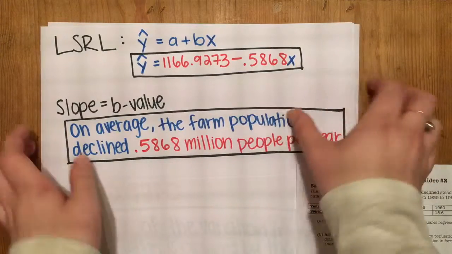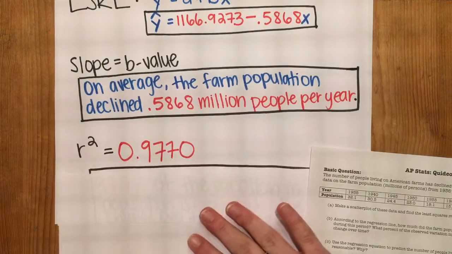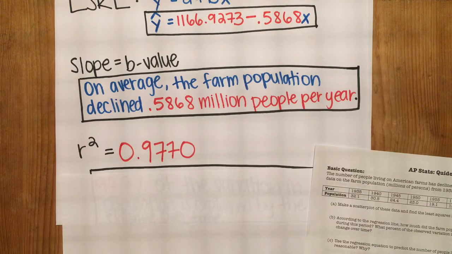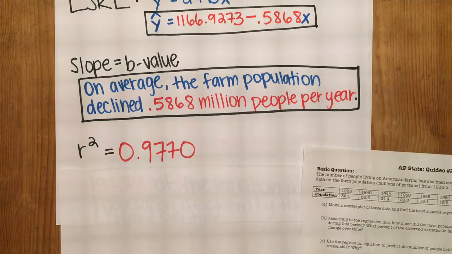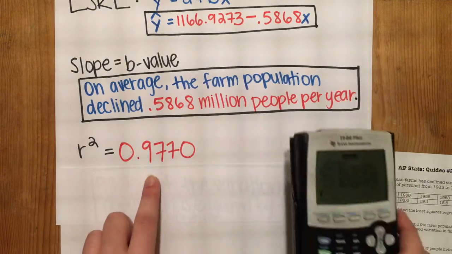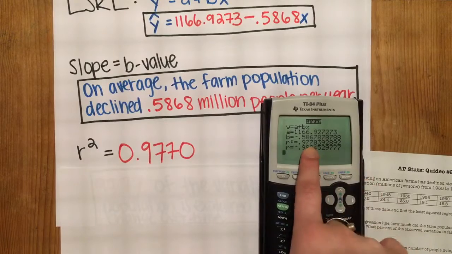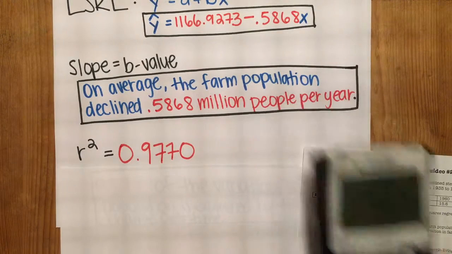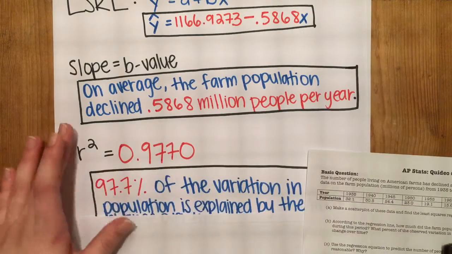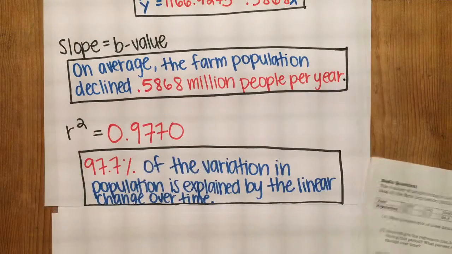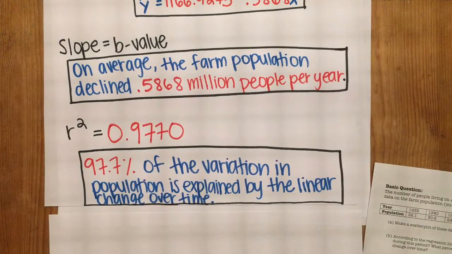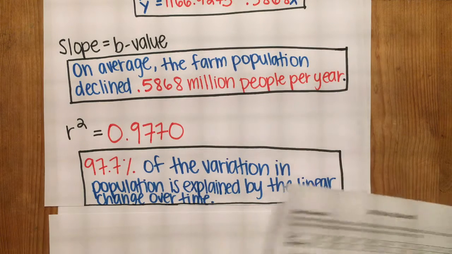So that would mean to find your r squared value, or your coefficient of determination, and in the calculator it shows that it's 0.9770, right here on the linear regression screen. Translating that to a percent, it means that 97.7% of the variation in population is explained by the linear change over time. So that is question B.